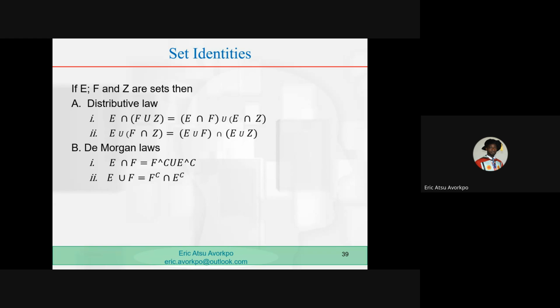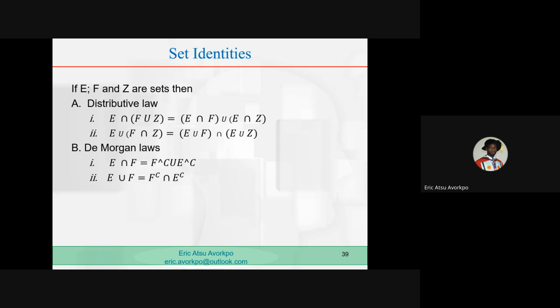Then we have also the distributive rule, where we say E intersection (F union Z). It is just telling you that if you multiply the E by what is in the bracket, as in algebra, you would do it like that. So that is what is being displayed here.